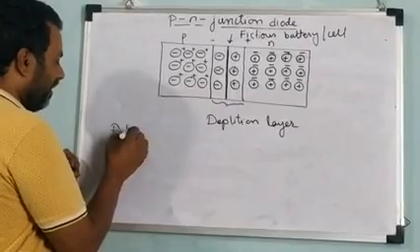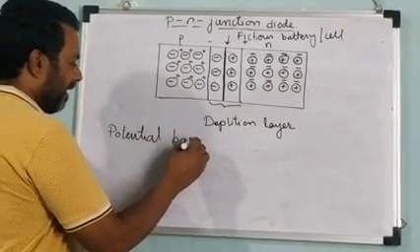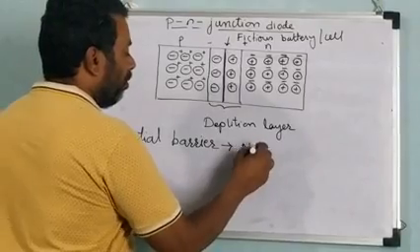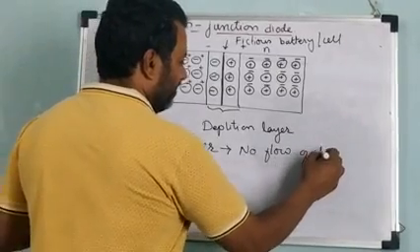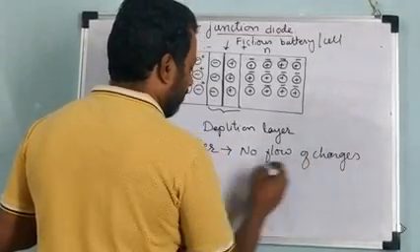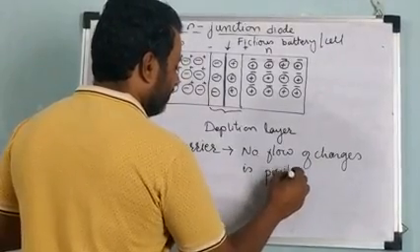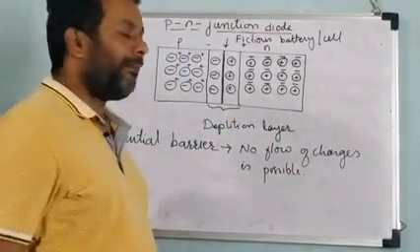So long as this potential barrier exists, no flow of charges is possible, and because of this the flow will stop and the depletion layer will become stable.